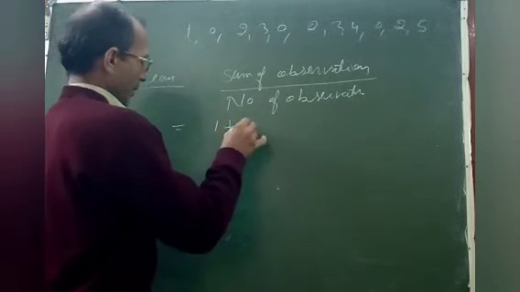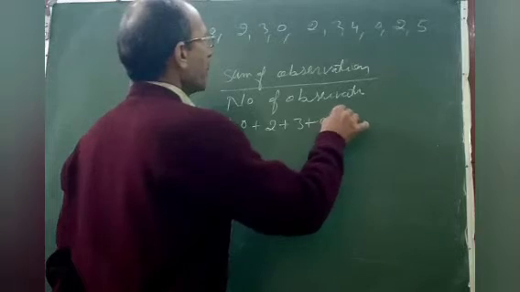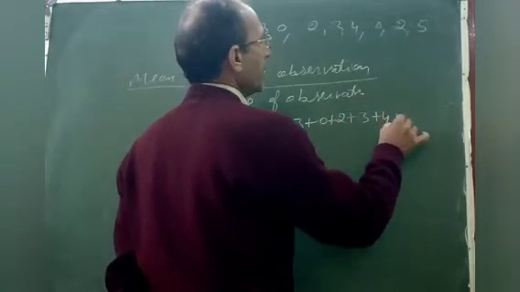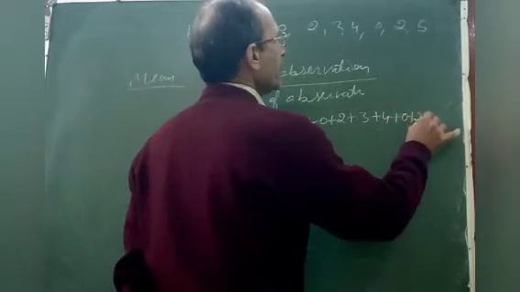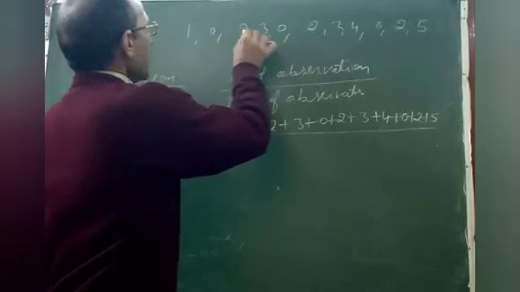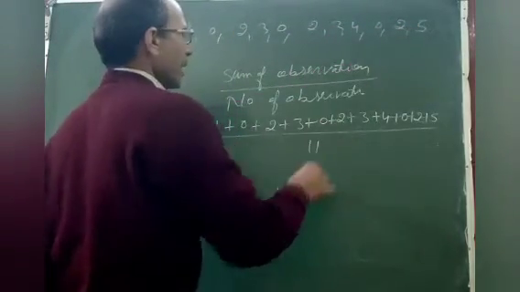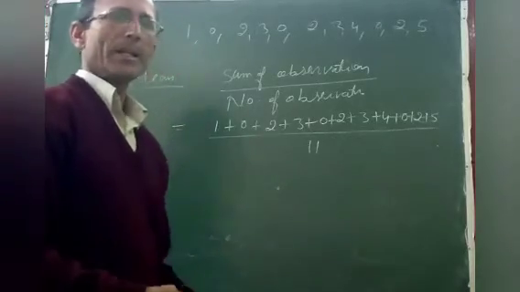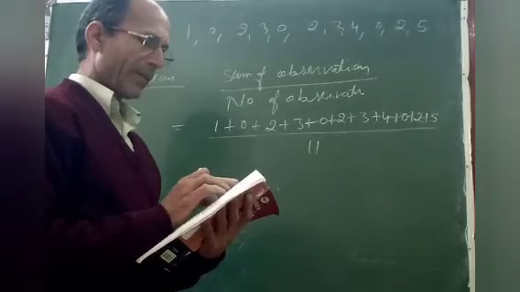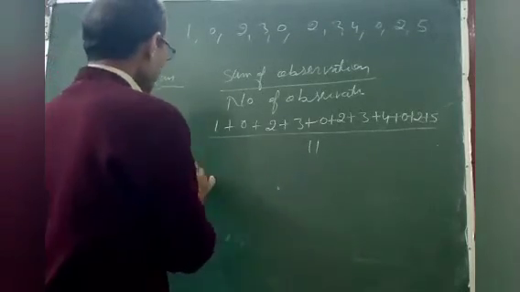So 1 plus 0 plus 2 plus 3 plus 0 plus 2 plus 3 plus 4 plus 0 plus 2 plus 5 upon the number of observations. You can count 1, 2, 3, 4, 5, 6, 7, 8, 9, 10, 11. 11 are there.